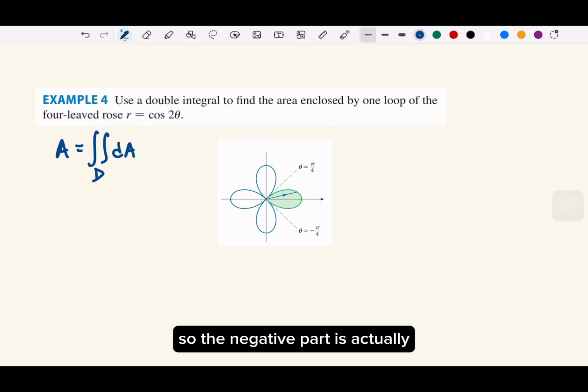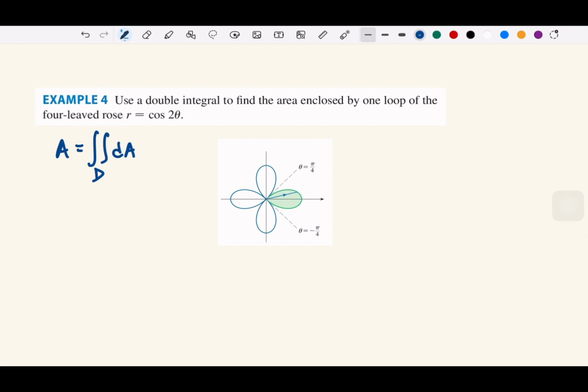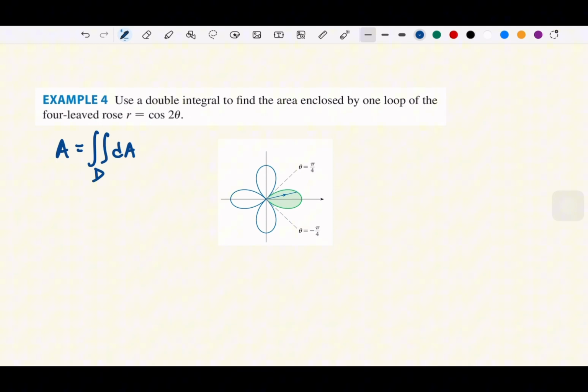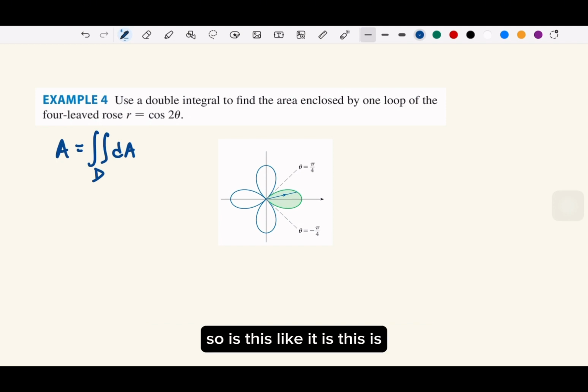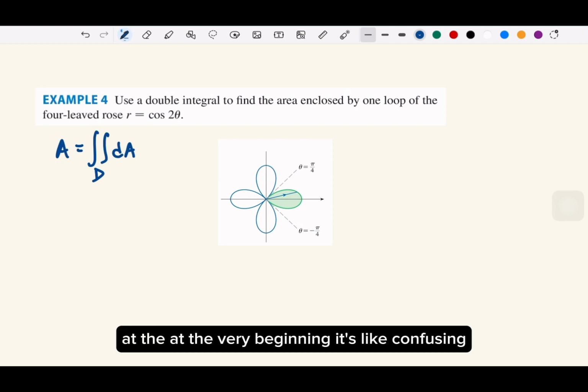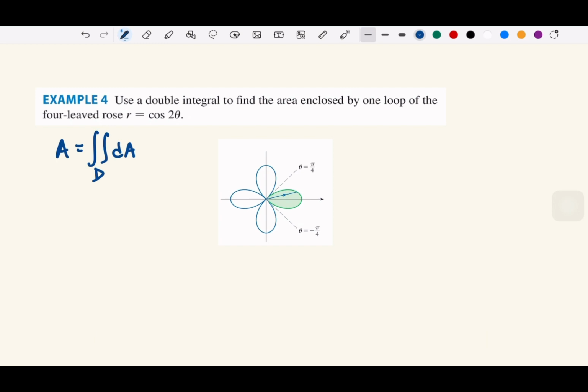If the radius is negative 1, it will be 1 but on the other side. So it requires some visualization. At the very beginning it's confusing, but if you keep that as your principle, you will see that it works for all the polar curves.